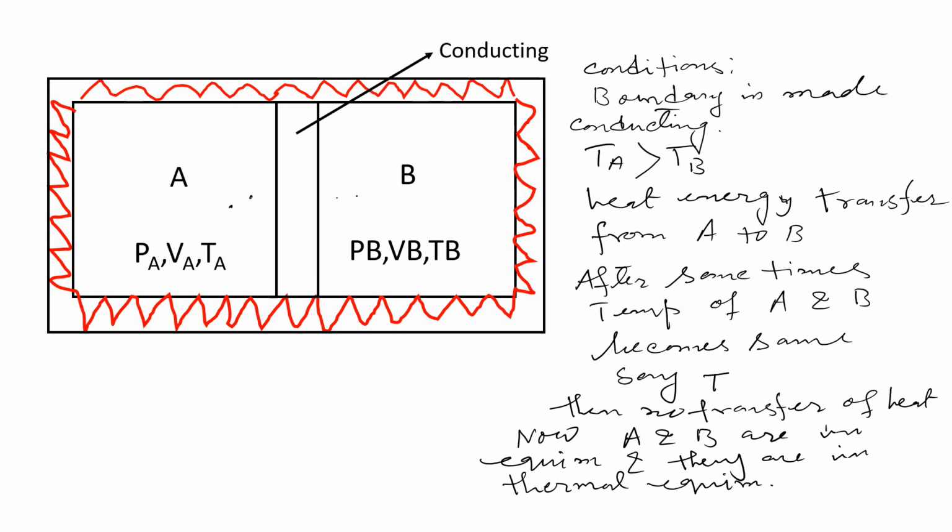So now they are in equilibrium. And they are also in thermal equilibrium because there is no heat transfer. Temperature of both systems A and B is the same and it remains constant, and both systems A and B remain in their particular state for a long time.